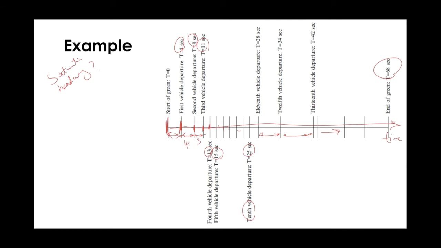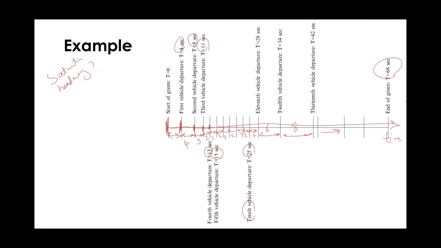From 11 to 13 seconds, it's 2 seconds. From 13 to 15, it's 2 seconds, and it remains 2 until vehicle number 10. Then it goes to 3 again, then 28, that's 6 seconds. Then this is very large, it's 8 seconds, and so on.